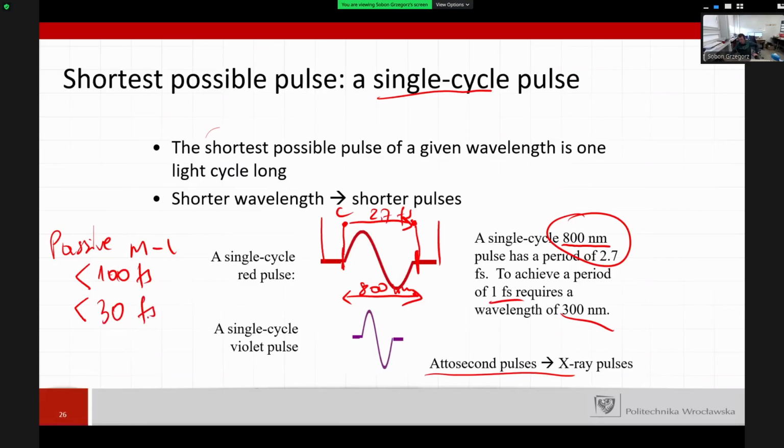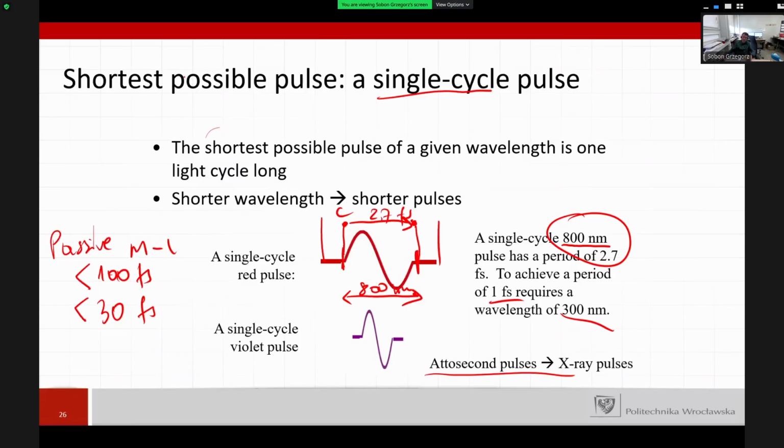And there exists some lasers that can generate also single cycles. But generally, you should remember that passive mode locking enables us generation of very short pulses at the time scale of femtoseconds. So tens or hundreds of femtoseconds.